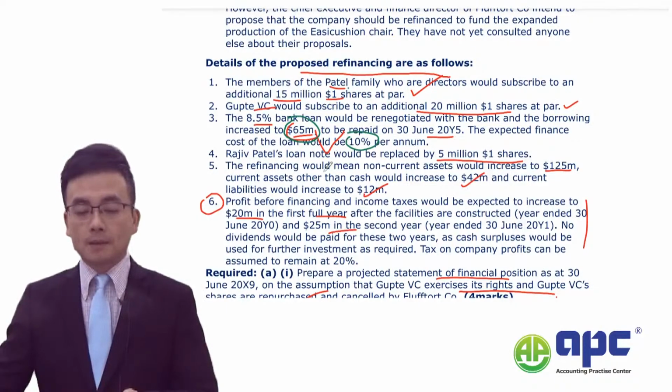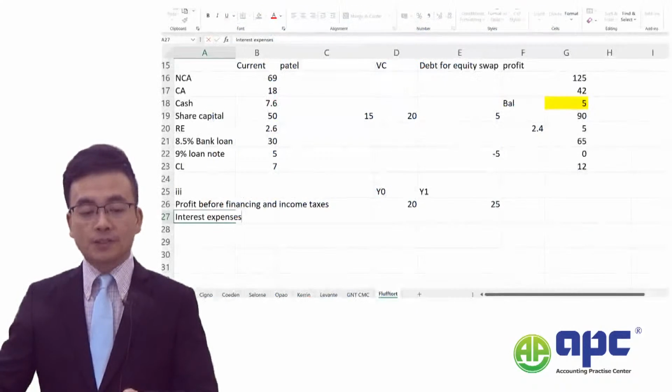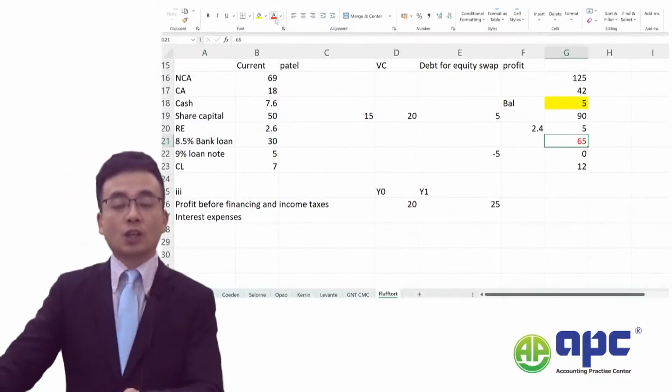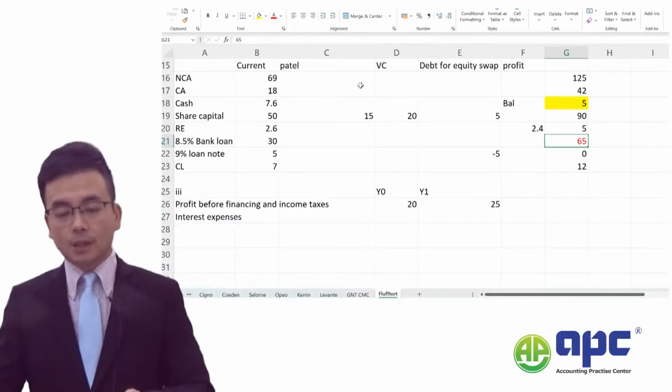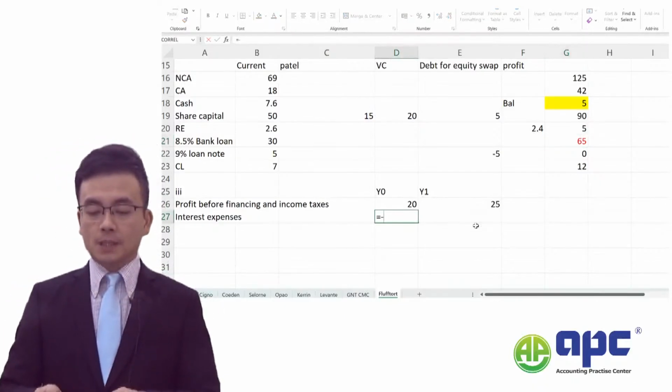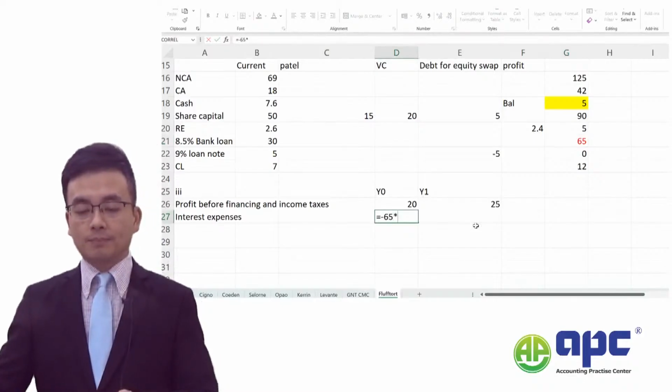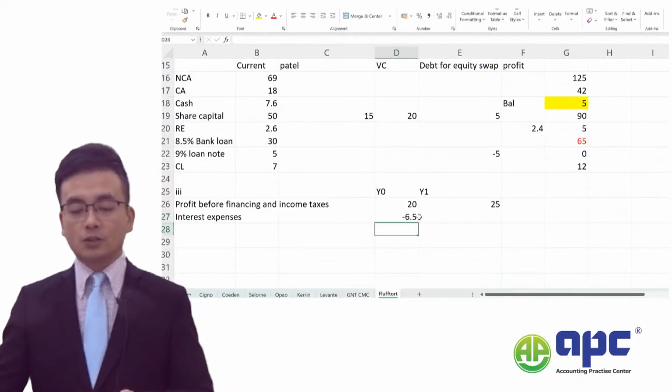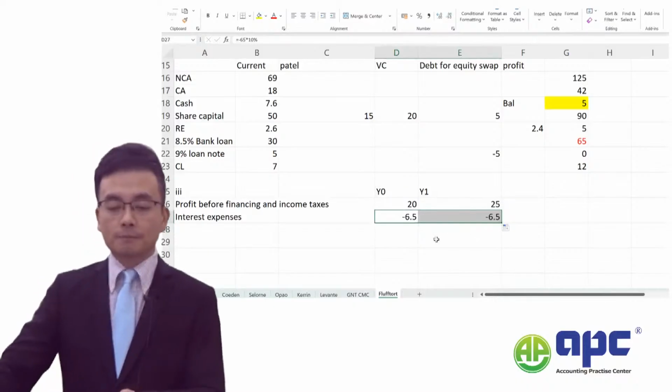That means we are focusing on the liability of 65 here and paying 10% interest on that. So that being the case, minus 65 million times 10%, in each of the two years.